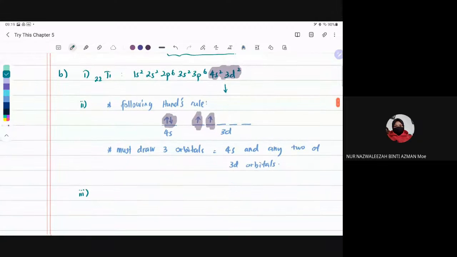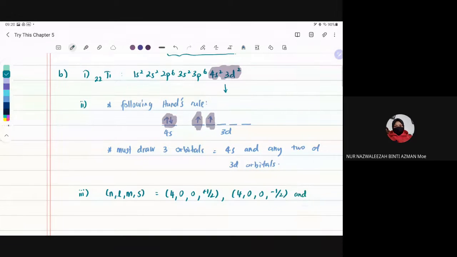Jadi kita akan tulis n, l, m, s. So yang pertama ada 2 elektron dekat 4s. Jadi kita akan ada 4, 0, 0, positive half. Kita ada 4, 0, 0, negative half.